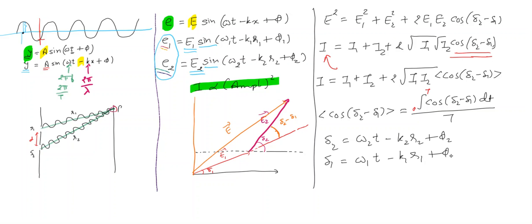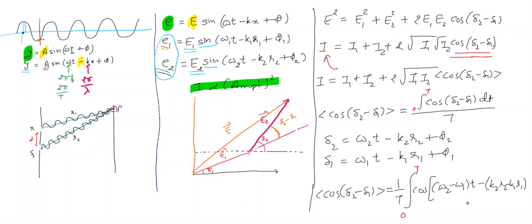Hence, the average of cos delta 2 minus delta 1 would look like this: 1 by T, integration from 0 to T of cos of (omega 2 minus omega 1) t minus (k2 r2 minus k1 r1) plus (phi 2 minus phi 1), dt.